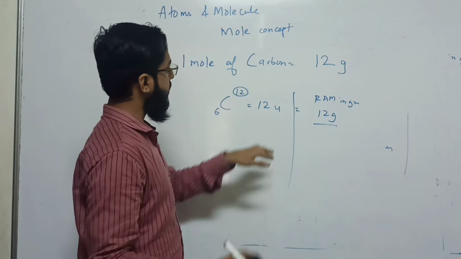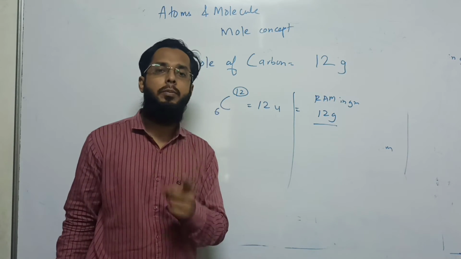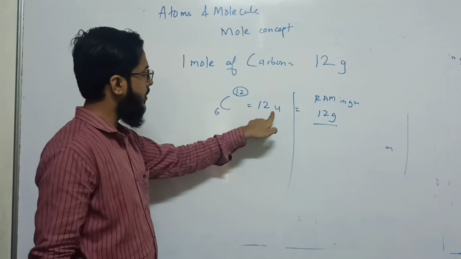Now, what is the difference? This 12 U is a relative mass of 1 carbon.